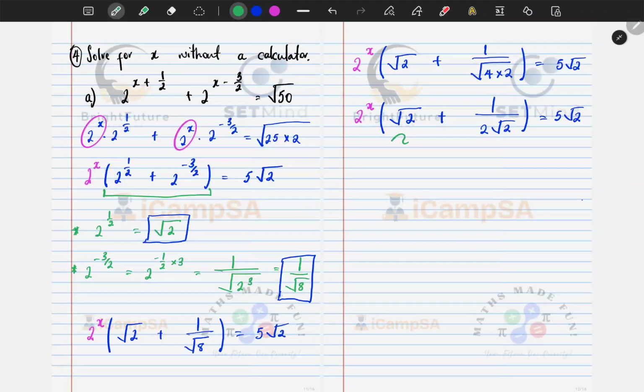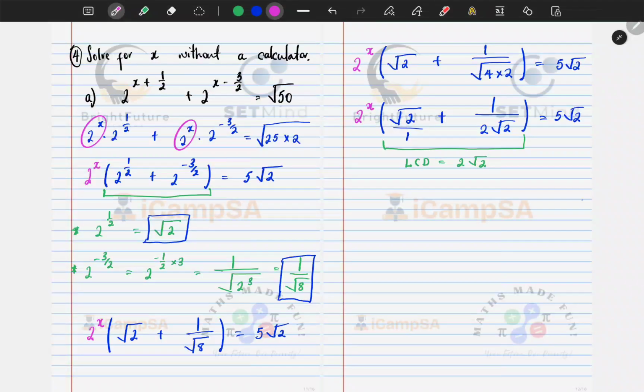And then from here, this simply means that I also have it over 1. So from here I can find the lowest common denominator, which is going to be what? Your 2 root 2. So my lowest common denominator is going to be 2 root 2, and so I go ahead and do that.